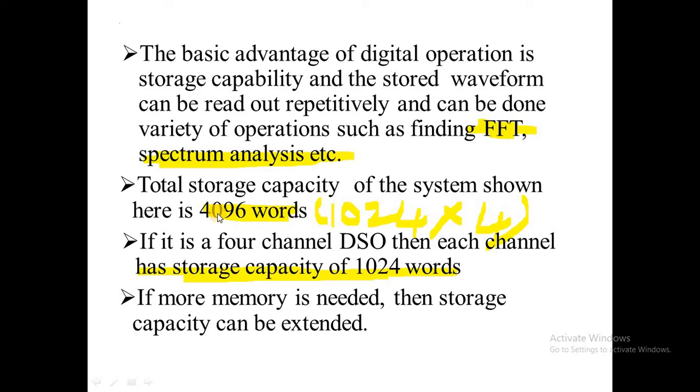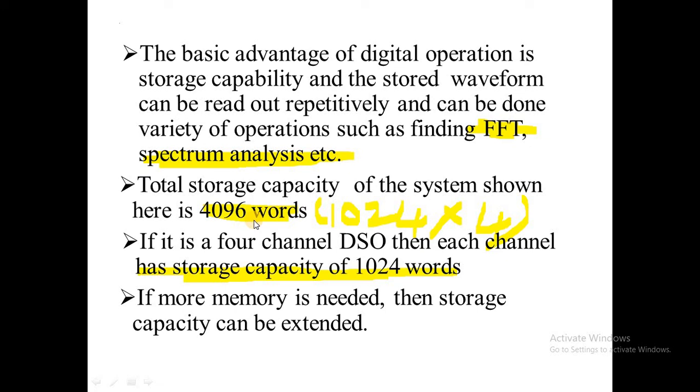So 4096 words can be stored by using the 4-channel DSO. If more memory is needed, then the storage capacity can be extended. If you want to store more than these 4096 words, we can extend the memory. Actually 1 word is equal to 2 bytes, and 1 byte is equal to 8 bits. We already know the basic concept.